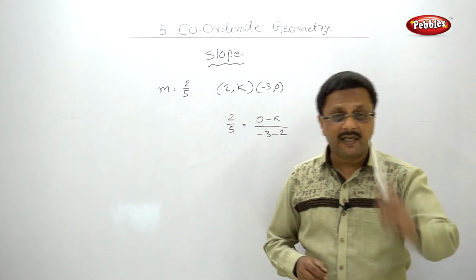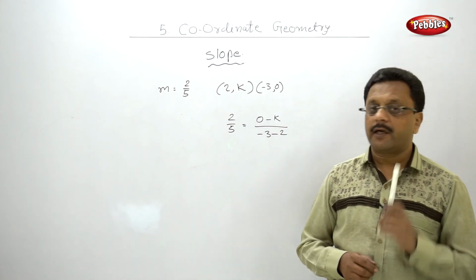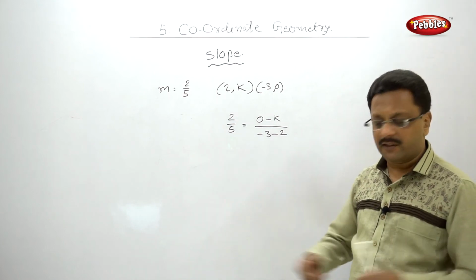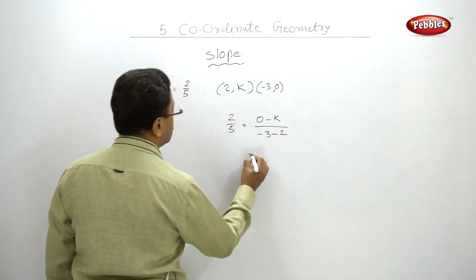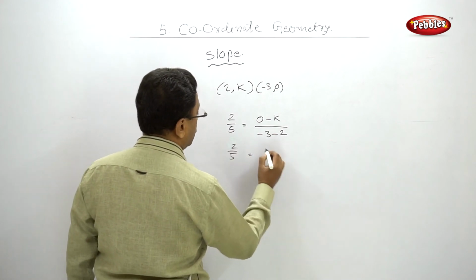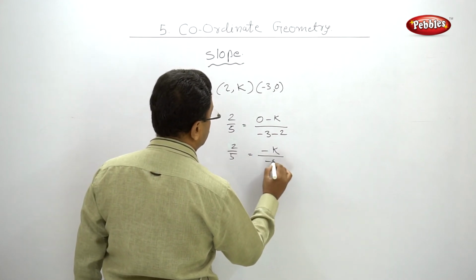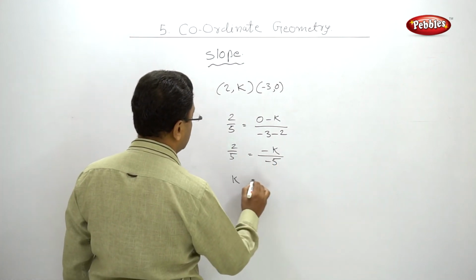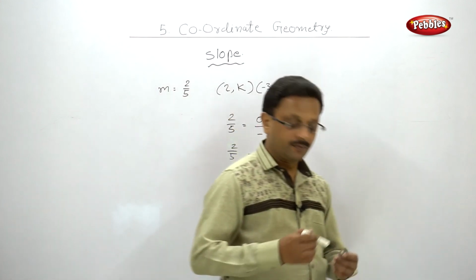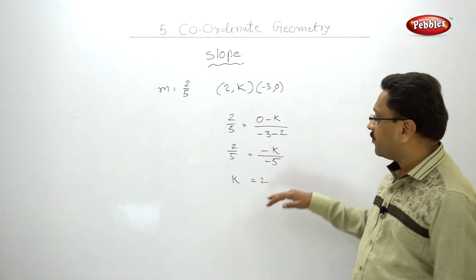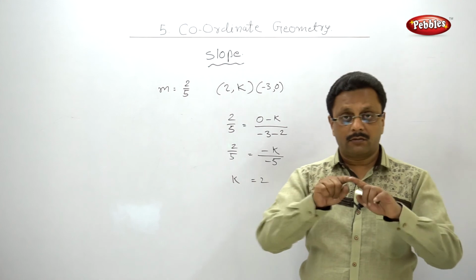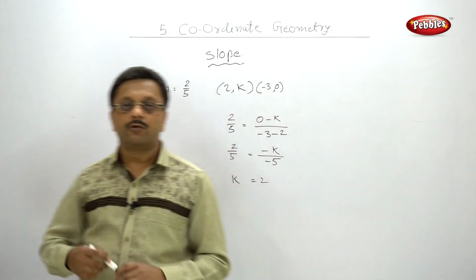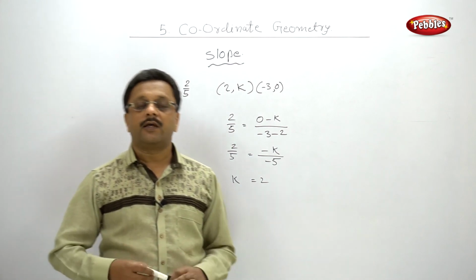That is the silliest mistake any student can do. So let us solve this example. This is nothing but 2 upon 5 equals minus k upon minus 5. So k is equal to 2. After solving this, you have to write down in a square or bracket the final answer. The k is equal to 2. That will be your answer.